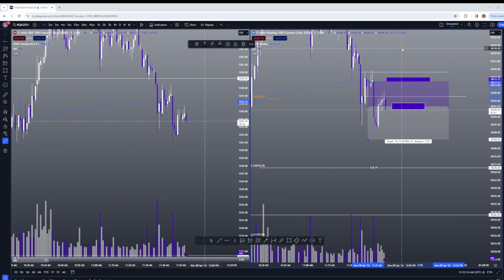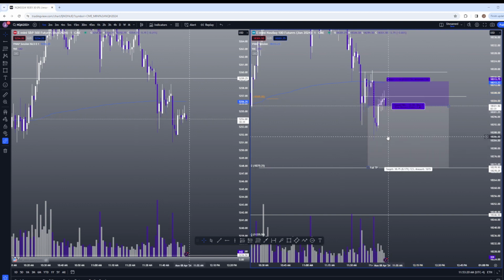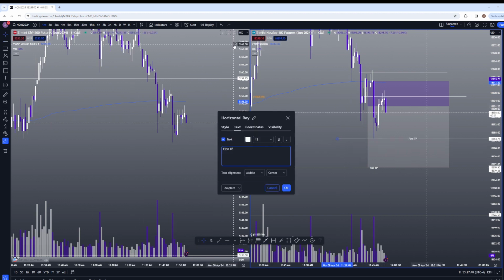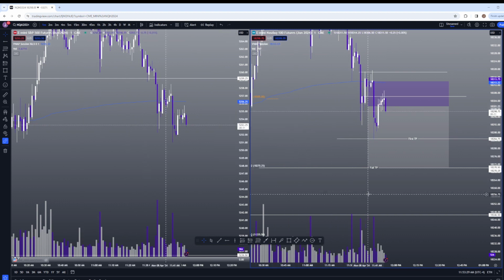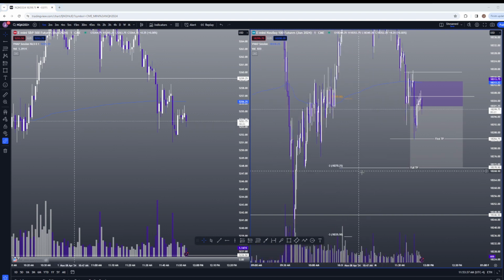I'm just going to add into a full. So first TP would be down at this low here. I'll look to sell half my position at this first TP, and then hold down to our second standard deviation down here.